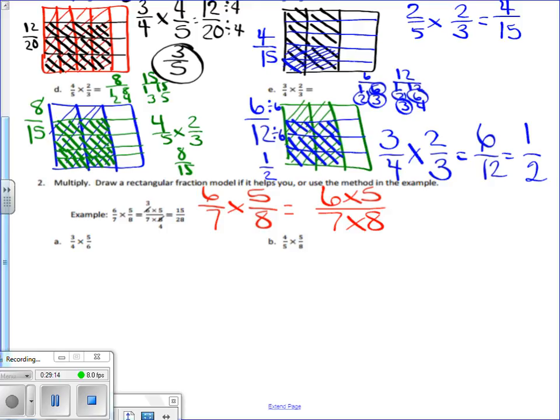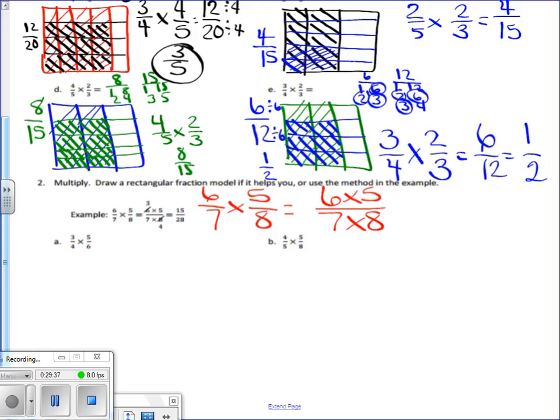Do you see something in the numerator and the denominator that can both be made smaller or simplified by the same number? What you do to the bottom, you have to do to the top. Do you see where they can be simplified within the problem?